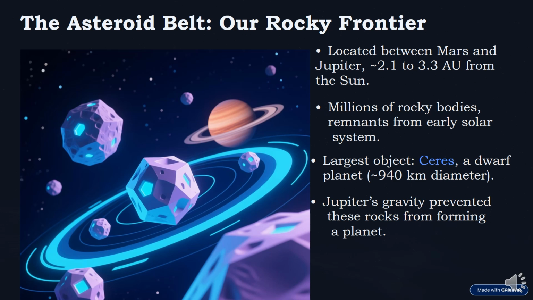It includes millions of rocky bodies, remnants from our solar system. It also contains the largest object, Ceres, a dwarf planet approximately 940 kilometers in diameter. We have to keep in mind that Jupiter's gravity prevents those rocks from forming a planet.